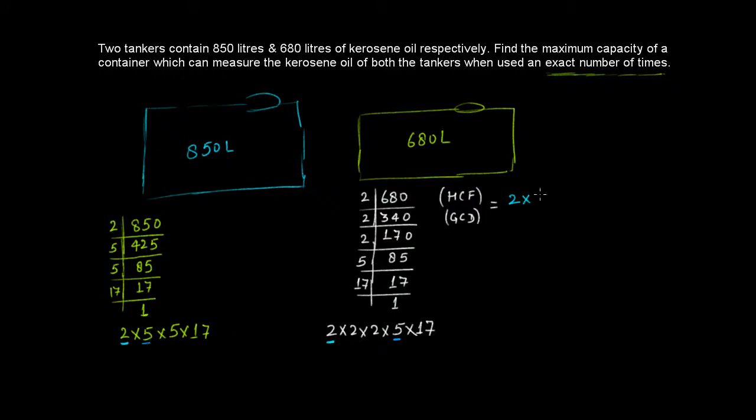So 5 is common only 1 time, so this will be 5. Then you have 17 here, you have 17 here, and this is the common one. So 17. Now if you multiply it, 2 times 5 will be 10, and 17 times 10 will be 170.